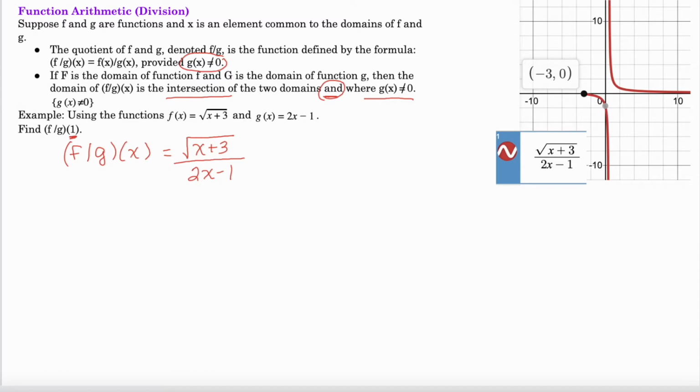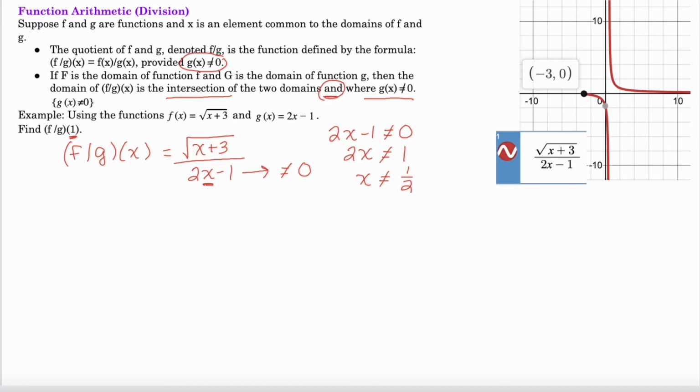We need to make sure that our bottom function does not equal 0. So when I look at 2x minus 1, where can x not be? I can solve for x. So 2x cannot equal 1, therefore x cannot equal 1/2. If we were to substitute 1/2 into x, 2 times half is 1, 1 minus 1 is 0, we're going to run into trouble.